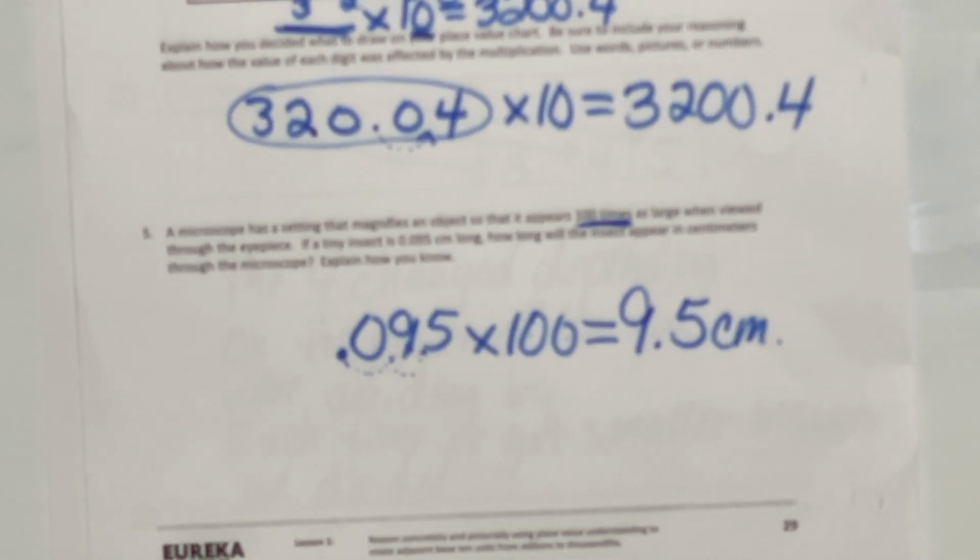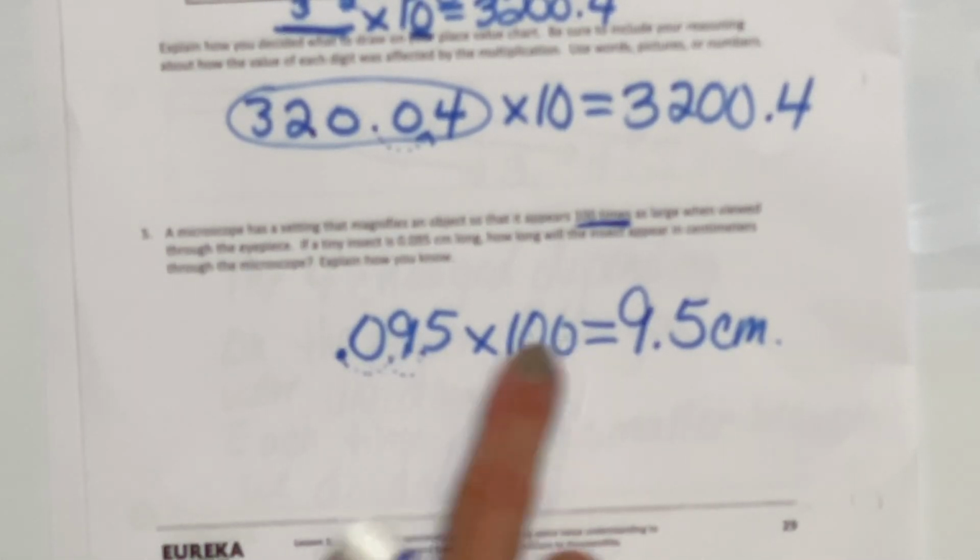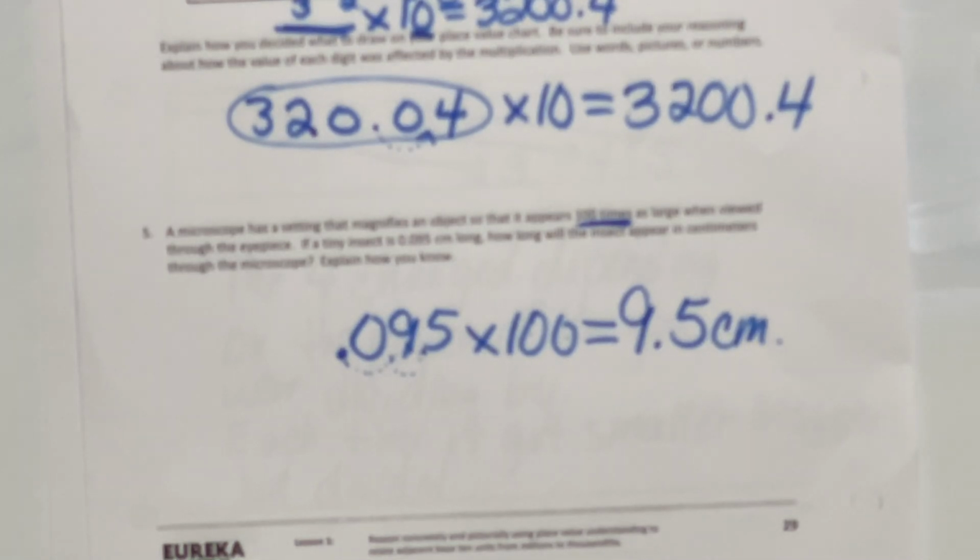Now, when you're looking at things in the microscope during science class, before you put them under the microscope, they look really, really small. Then when you put it under the microscope, you can even shift it, and it can go 10 times, 100 times, 1,000 times the size of the original object. So notice that we moved it 1, 2 times because there's 1, 2 zeros. Okay, so this is manipulating powers of 10.